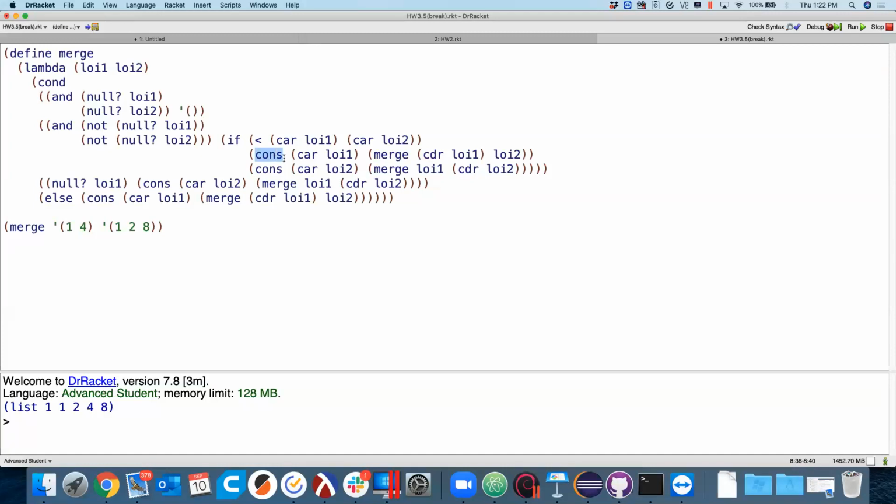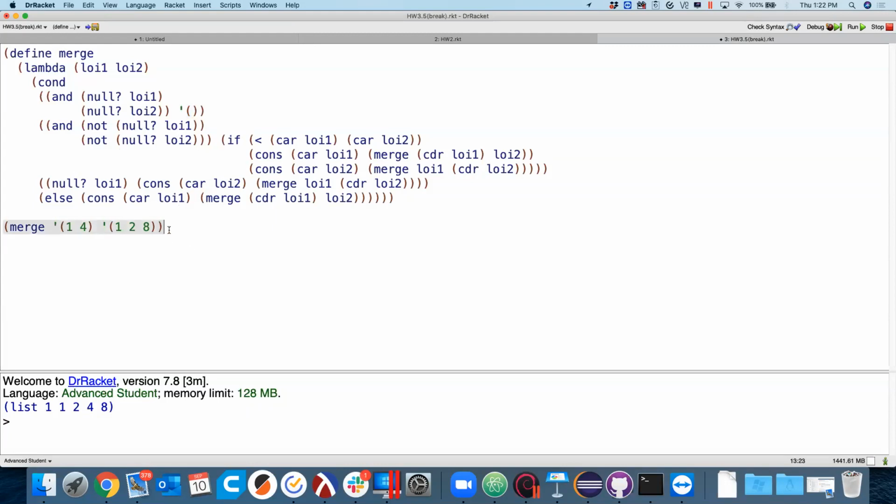So if you're using cons, at some point the second parameter of cons eventually has to be a list. Right, but one of the first things you ask is if it's null, then you return the empty list. Oh, well, you could also just return LOI1 or something. That's a variable that contains the empty list. Right, okay. Yeah, it's the same thing. Is that what you were doing?